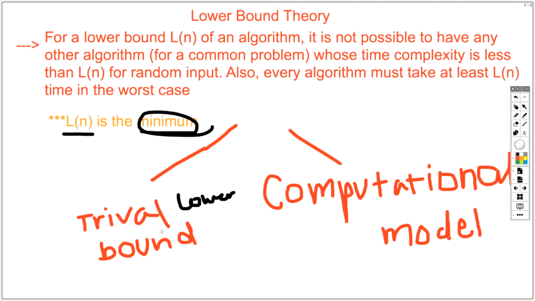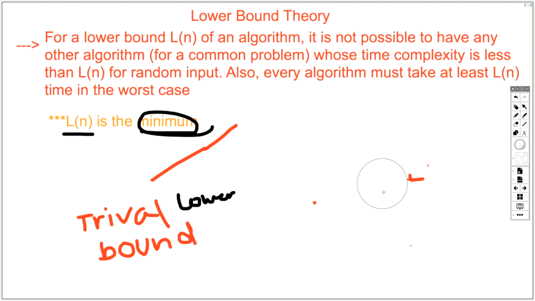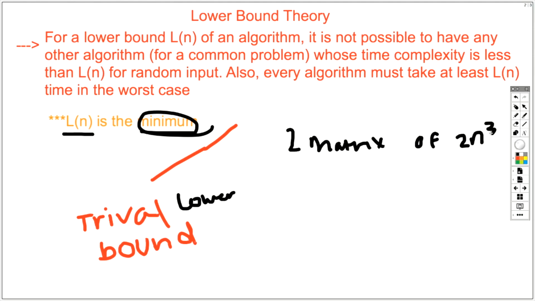An example would be, if for our input I give two matrices of n squared, n to the power of 2, not 3, 2, and this is my input, but my output ends up being one matrix of n squared.